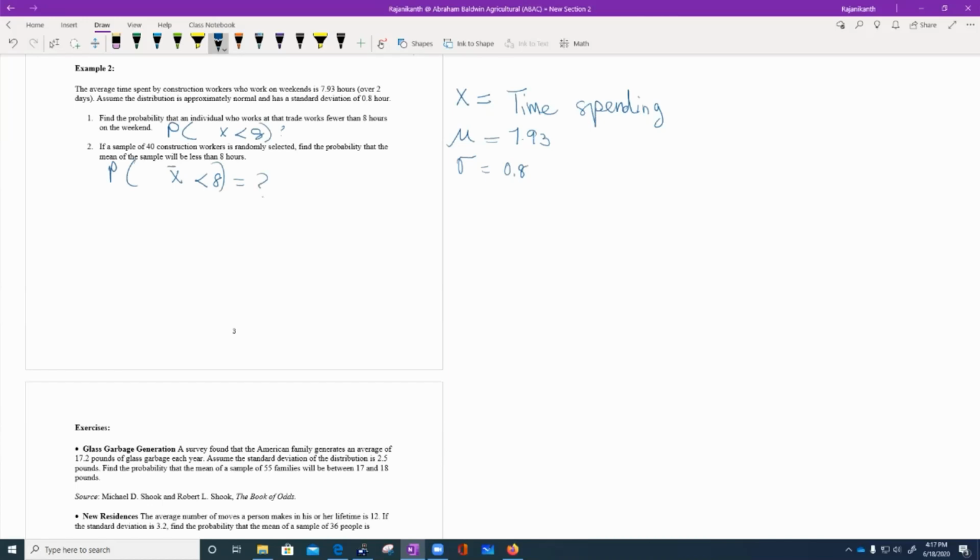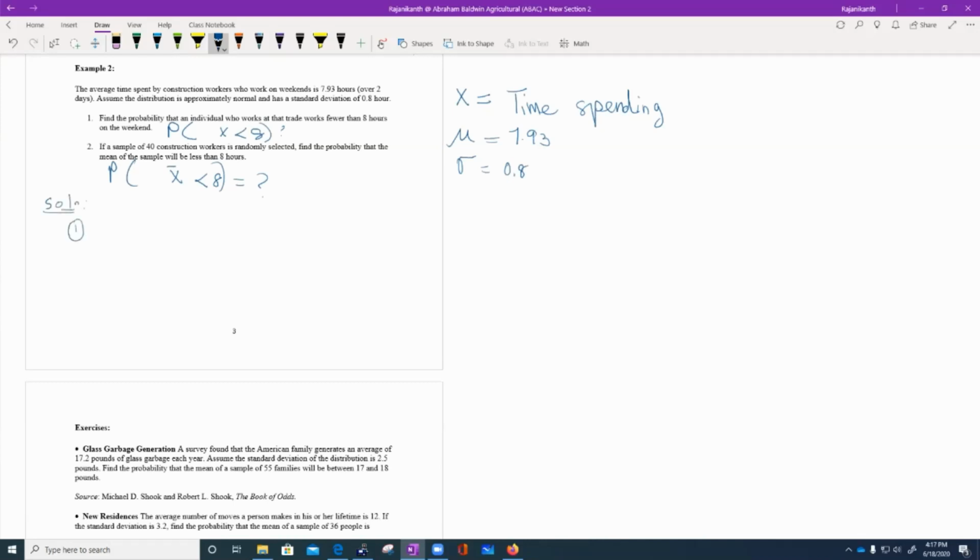The first one is they are asking about the probability of the original variable x less than 8. For the second part, they are asking about the probability of the sampling distribution mean x bar being less than 8. Okay. So first of all, we need to understand the question carefully. So let us find the solutions for both of them.